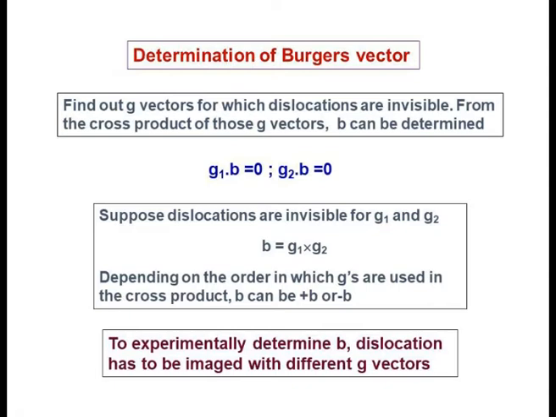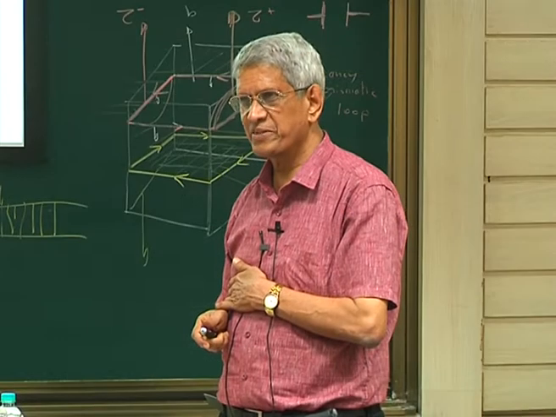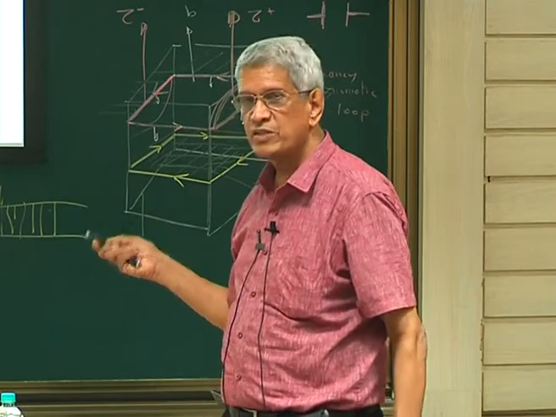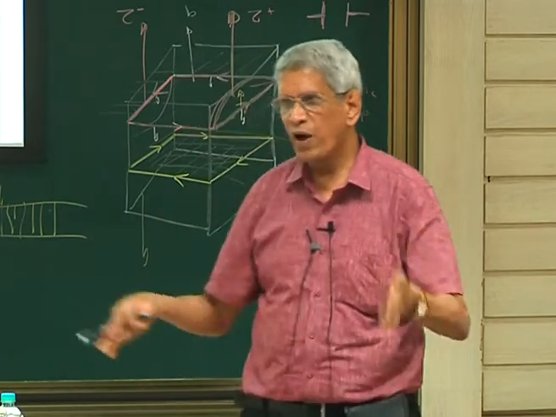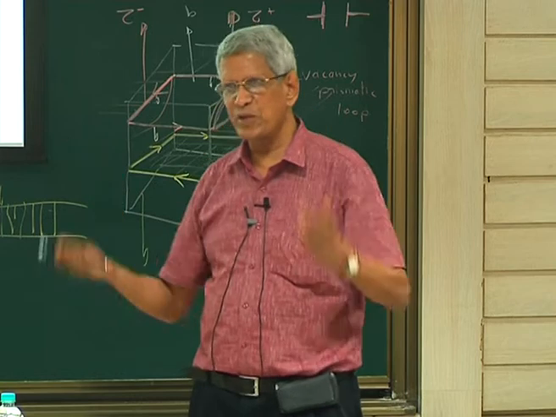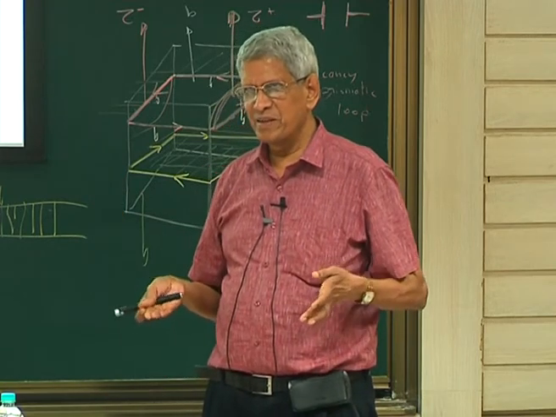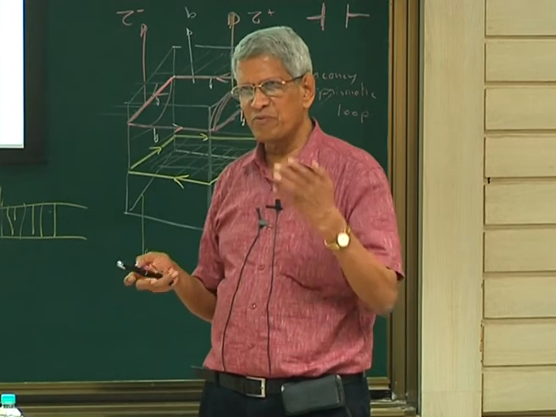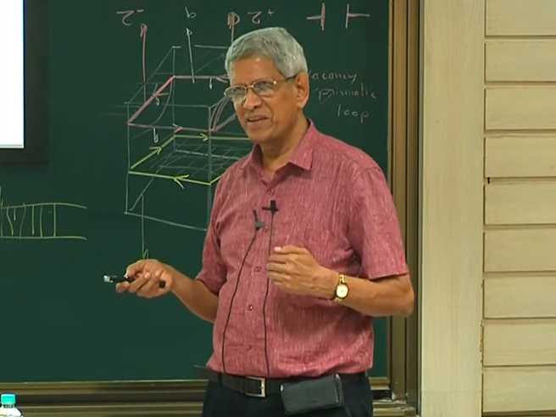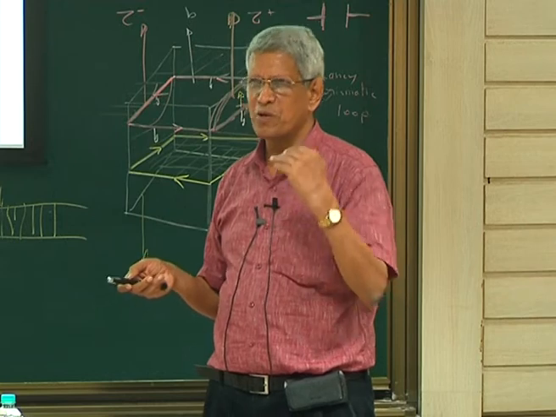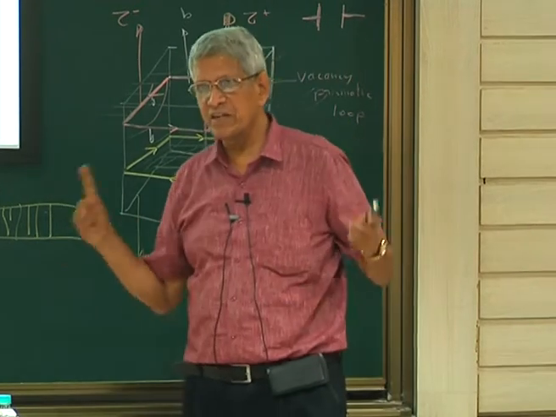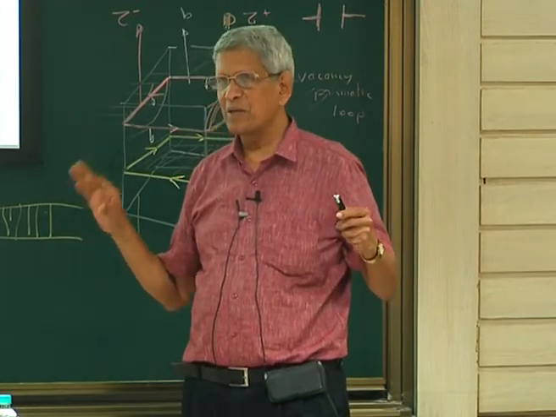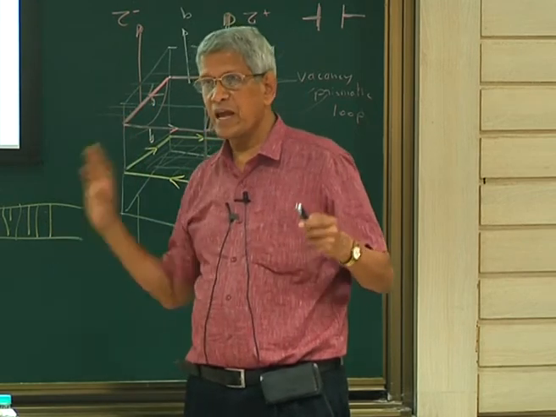If for both of them it becomes 0, if I take the cross product of G1 and G2, I will be able to get the Burgers vector direction. So what we have to do is image the dislocations with different G vectors, find out for which G vectors it is invisible, and use them to find the Burgers vector of the dislocation. Is it clear?